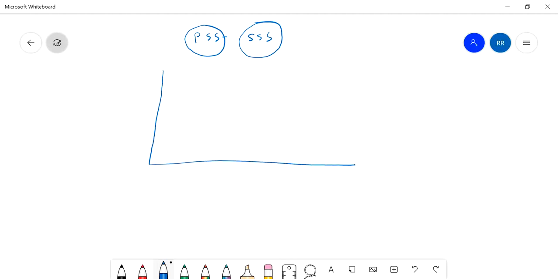Suppose this is 10 milliseconds, right? 1, 2, 3, 4, 5, 6, 7, 8, 9, 10. So this is 1 millisecond, and this is the time domain. This is the frequency domain, right?